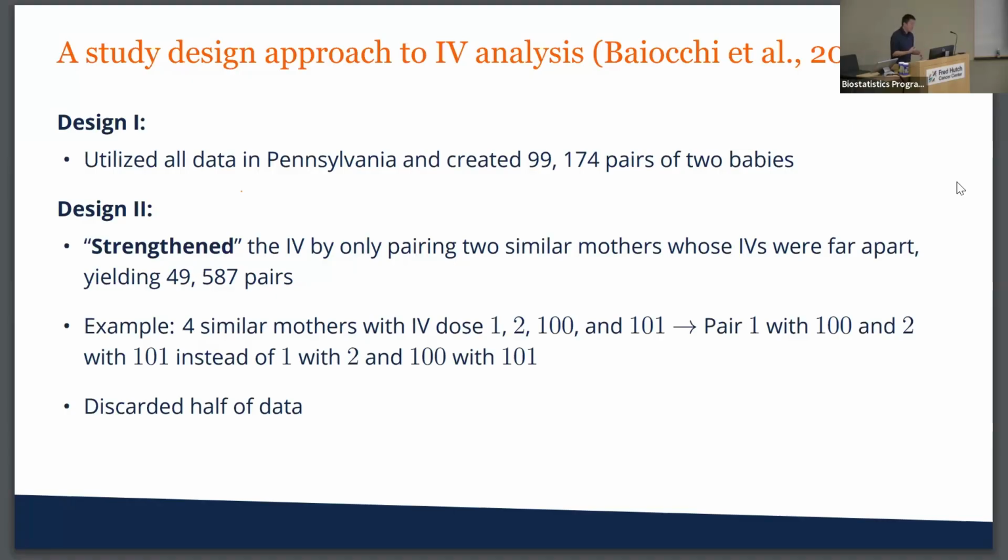The intuition is that if you pair 1 with 2, very likely both mothers do not attend a high level NICU. If you pair 100 with 101, very likely both mothers would attend a high level NICU. So there will be no compliance later when doing the analysis. But if you pair 1 with 100, and 2 with 101, the compliance rate can be 100%. I'll formalize these things.